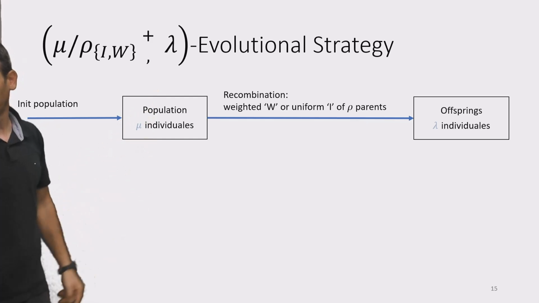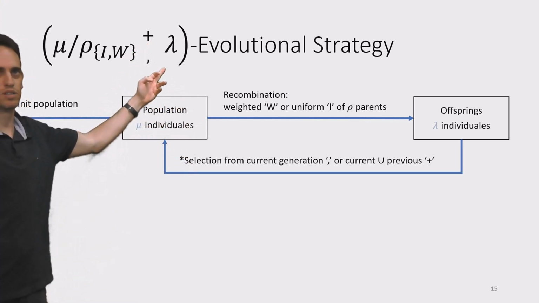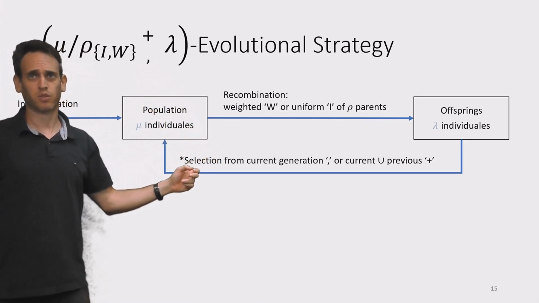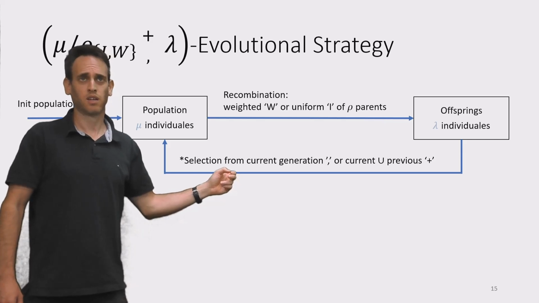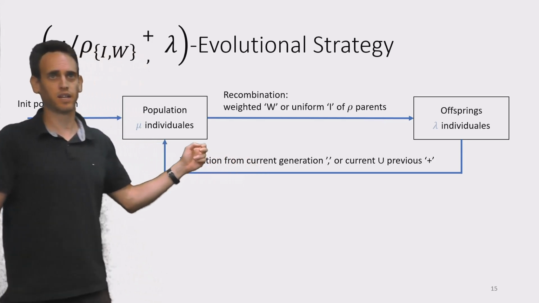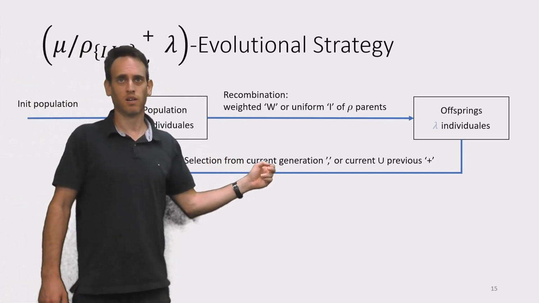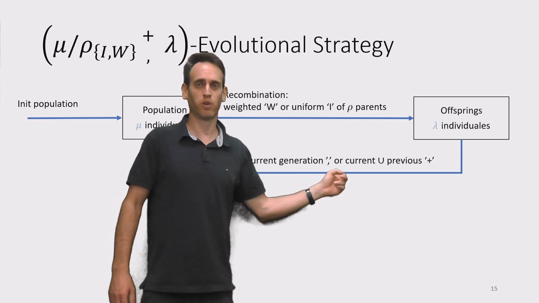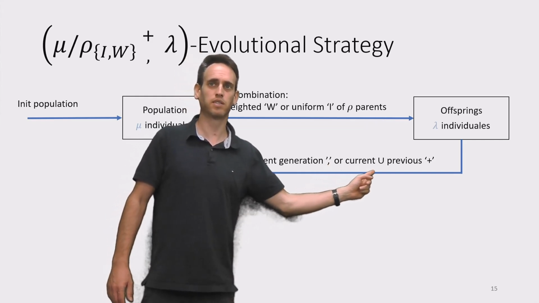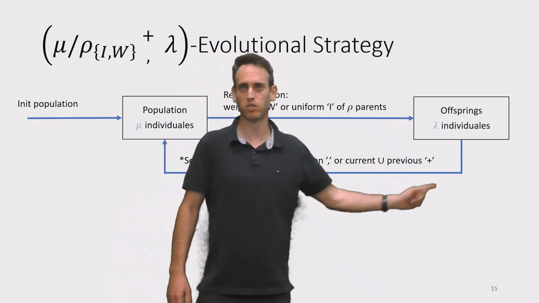So we explained everything except the plus or comma. Should we use plus or comma? This defines whether we're selecting the next population of mu individuals from the current generation only, in which case we use the comma, or from the current generation united with the previous generation, and then we use the plus.